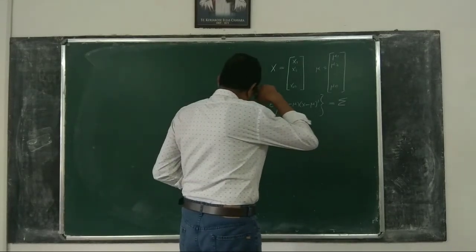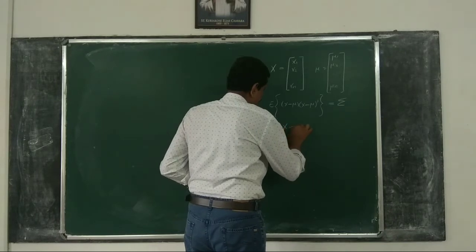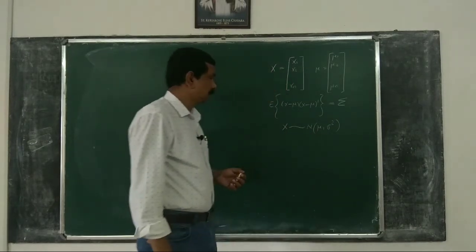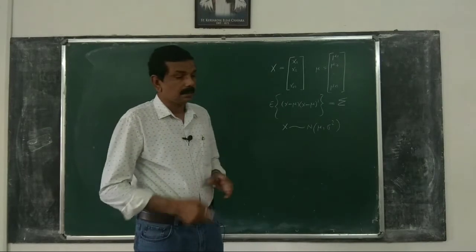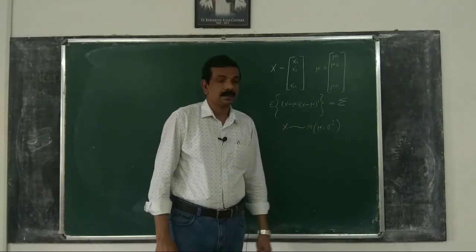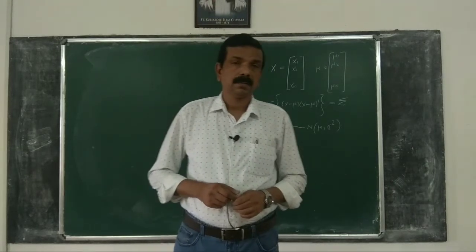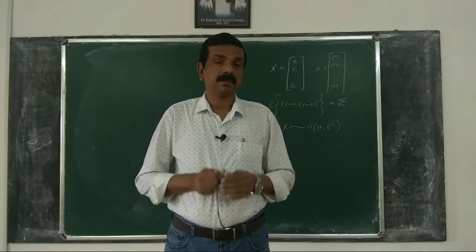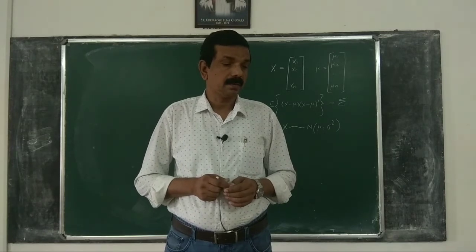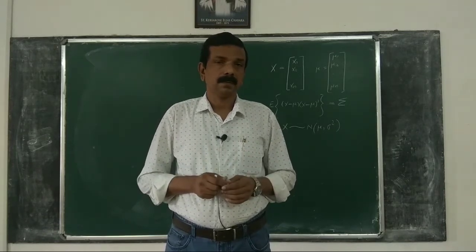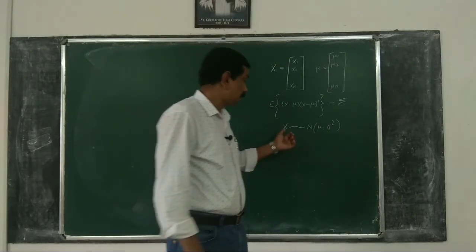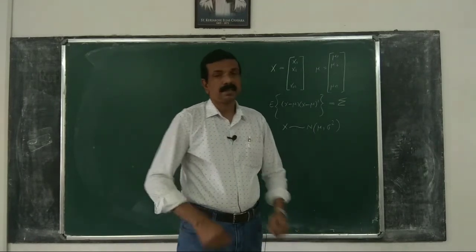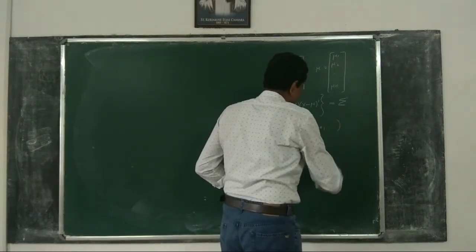And we write it in shorthand form. You read it as the variables in x are distributed according to the multivariate normal law with the mean vector mu and variance matrix sigma.